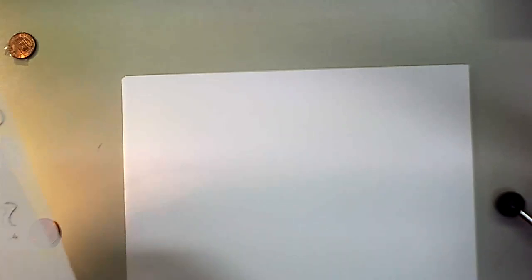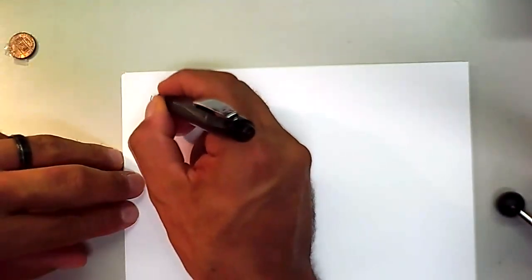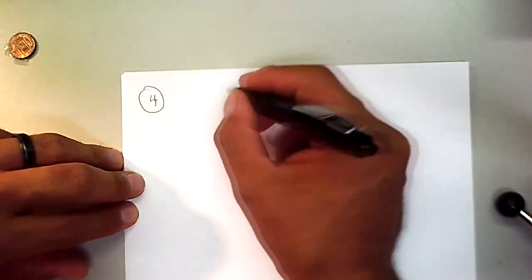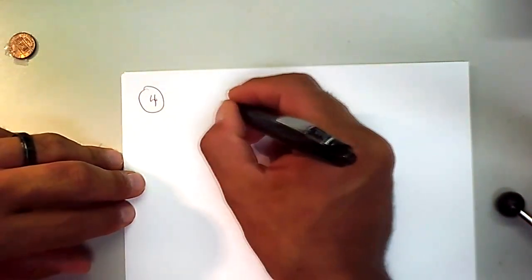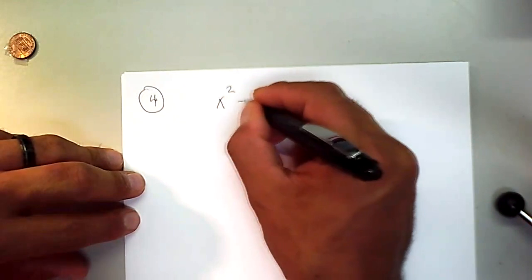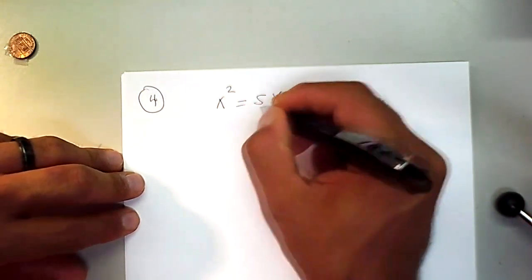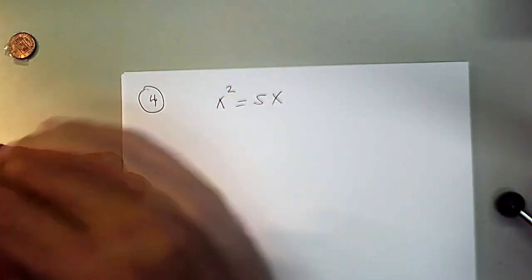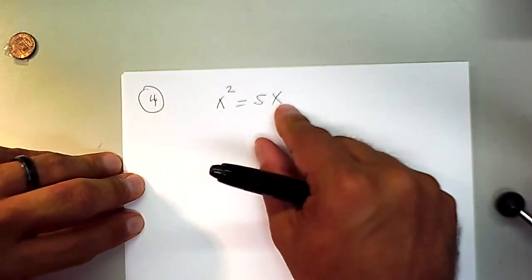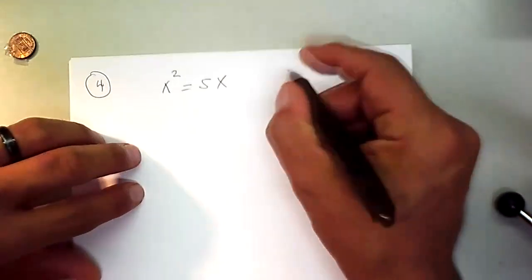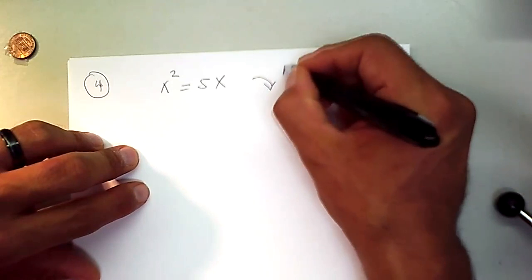So one kind of problem that I see students making a mistake on is this one. Let's say you have x squared equals 5x. And they say, well, just divide by x. Okay, so this is not the way to do it.